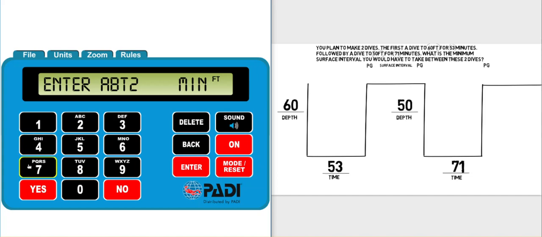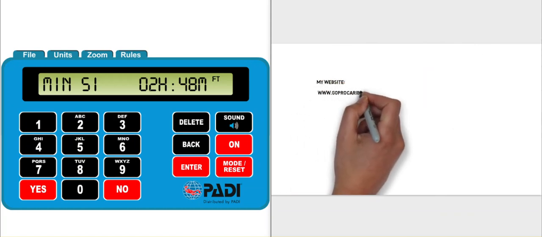So I can enter in the 71 minutes and press enter, and it tells me that a safety stop would be required after the second dive as well. Useful to know, but not needed to be able to answer this question. So I can press enter to get to the point where it tells me what my minimum surface interval is. So I can now safely assume that 2 hours and 48 minutes is the answer.